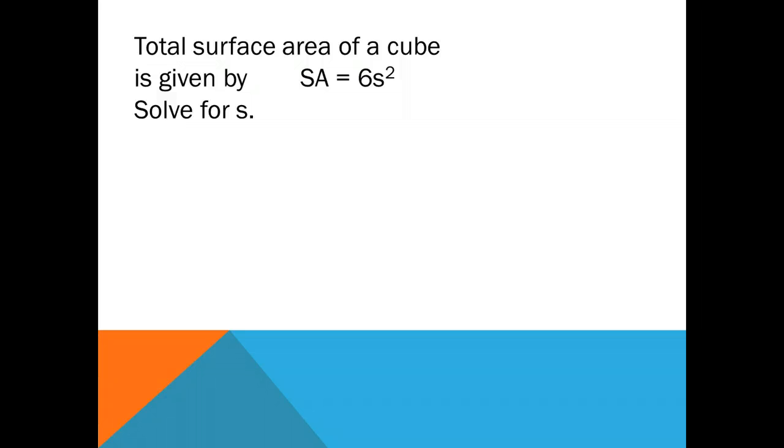20 divided by 2 is 10. The total surface area of a cube is given by SA is equivalent to 6s squared. And we want you to solve for s. Well, the first thing is to divide both sides by 6. So the surface area divided by 6 is equal to s squared.